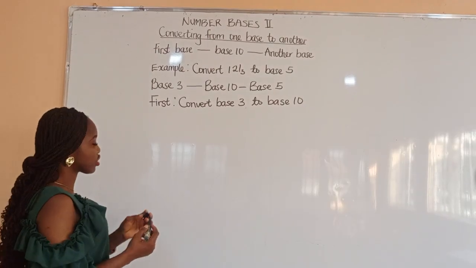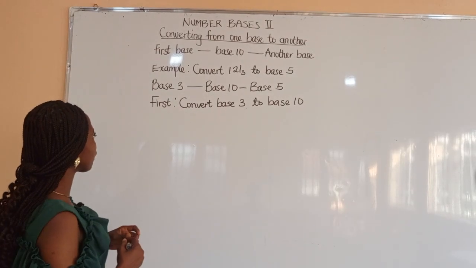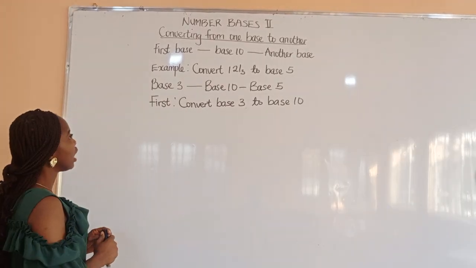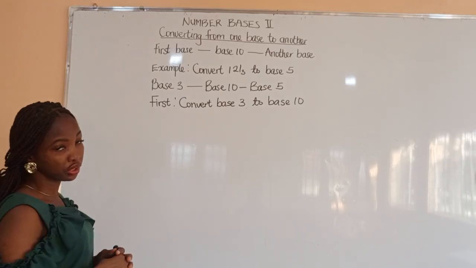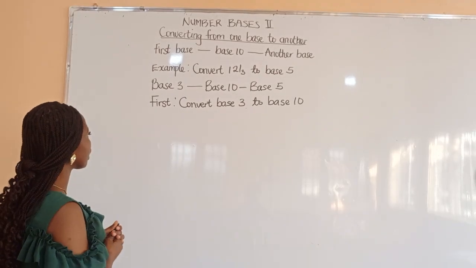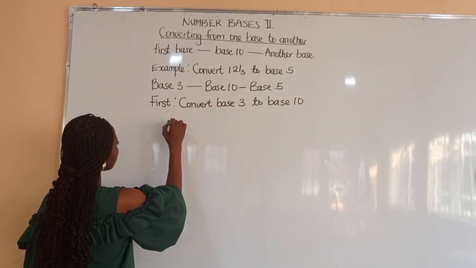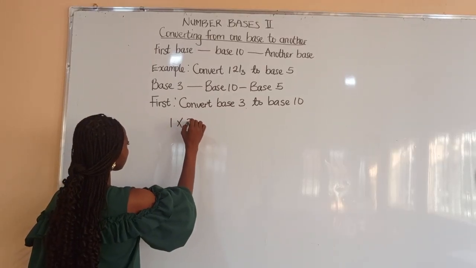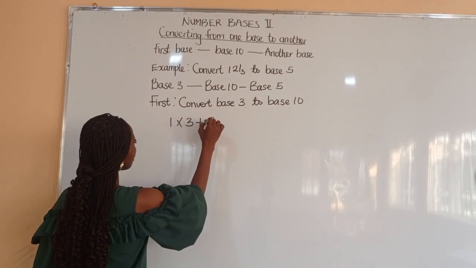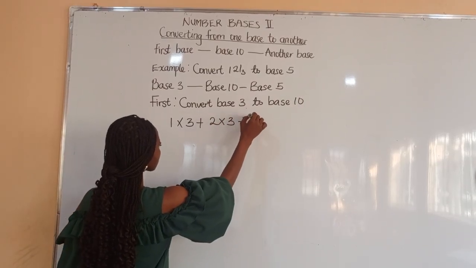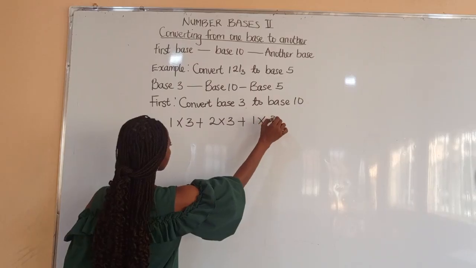The first thing we are going to do, to convert from base 3 to base 10, you're going to do your multiplication. What it means is, I'm going to do my 1 times 3 plus 2 times 3 plus 1 times 3.